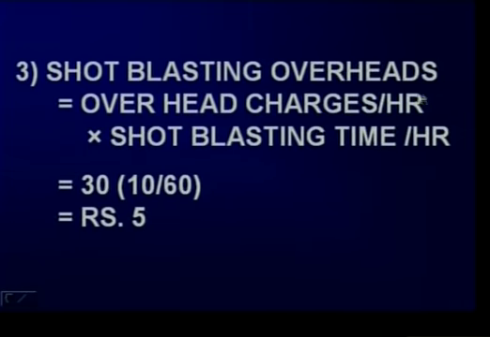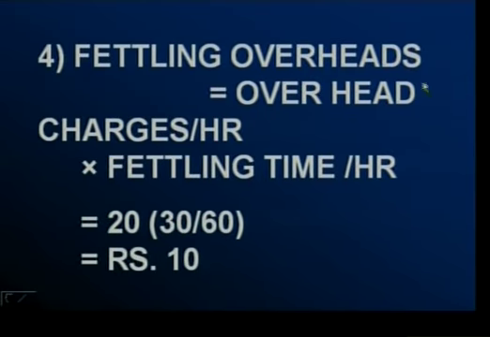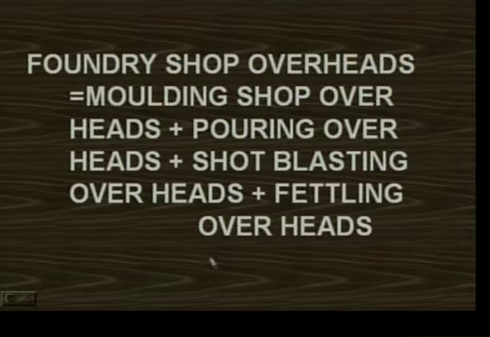Shot blasting overheads are the product of shot blasting overhead charges per hour with shot blasting time per hour. The values are 30 into 10 by 60, it becomes 5 rupees. Fettling overhead charges are product of fettling overhead charges per hour with fettling time per hour. These values are 20 and 30 by 60. By calculation, the value becomes 10 rupees.